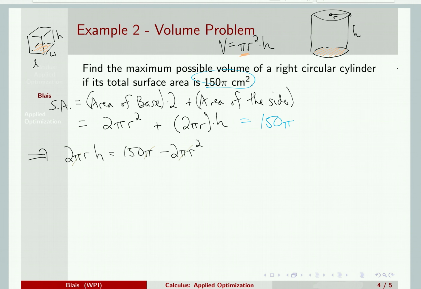So we divide this whole thing by 2r to get that h equals 75 minus r squared over r. And this will build into the problem that the area of the can has to be 150 pi.